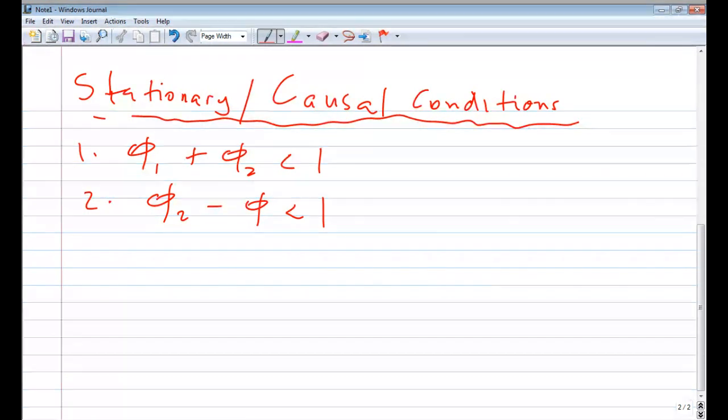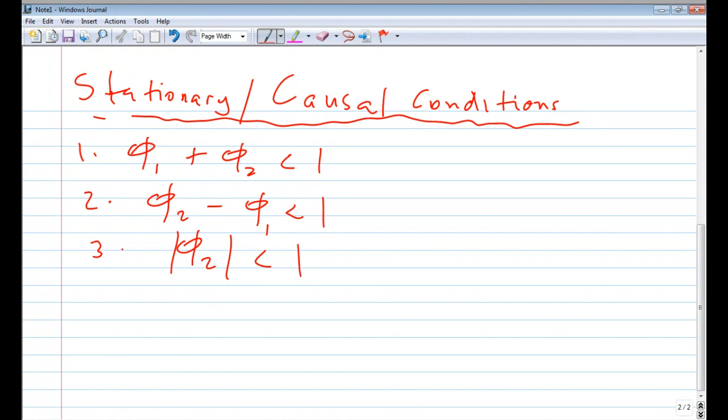Condition number 3: the absolute value of phi 2 must always be less than 1.